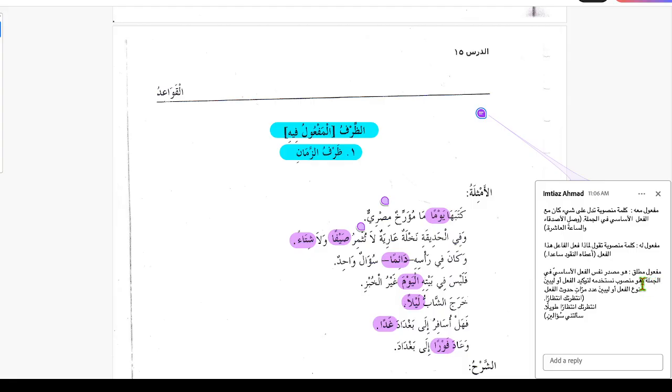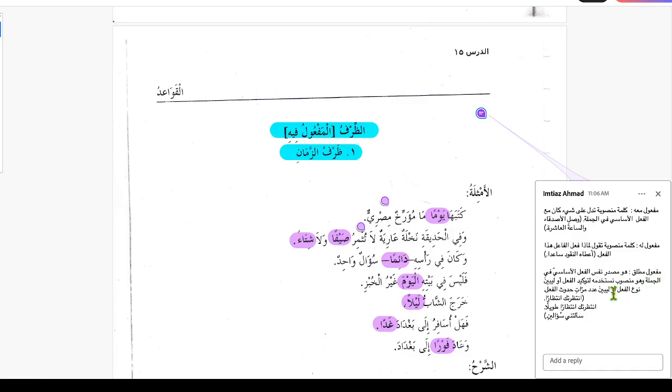And then we studied maf'ul mutlaq. Maf'ul mutlaq gives three different types of meanings. Like for example, huwa masdarun min nafsil fi'l al-asasi fil jumlati, wa huwa mansubun. It is the masdar of the main verb in the sentence, and it is mansub. Nastakhdimuhu lit tawkid al-fi'li, we use it to emphasize the verb.